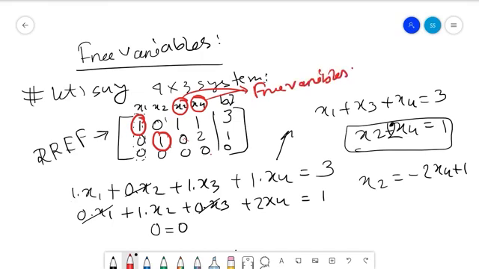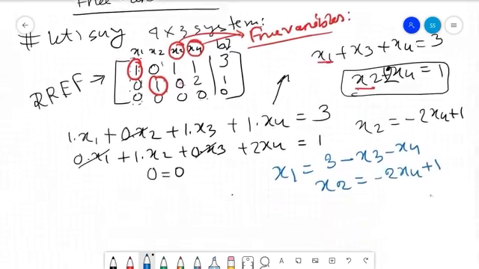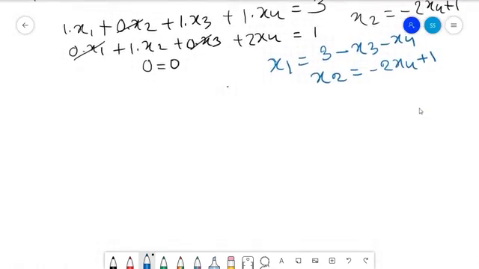Why are they called free variables? Because I can write x1 and x2 totally in terms of x3 and x4, just as follows. Let's say x1 is equal to 3 minus x3 minus x4, and x2 in terms of x4 as well. So this is how the term free variable arises.